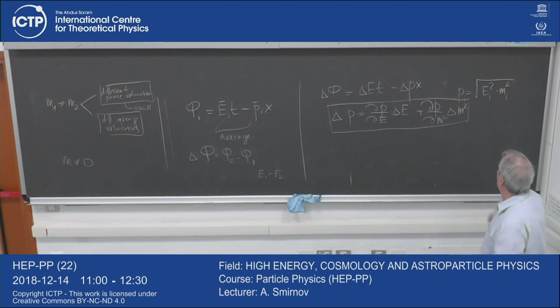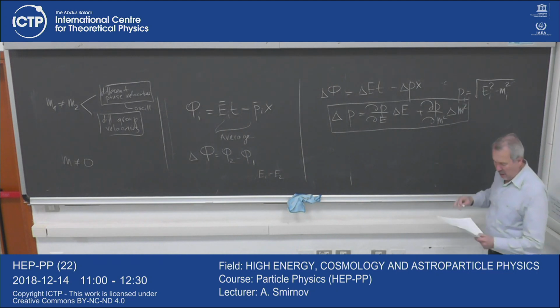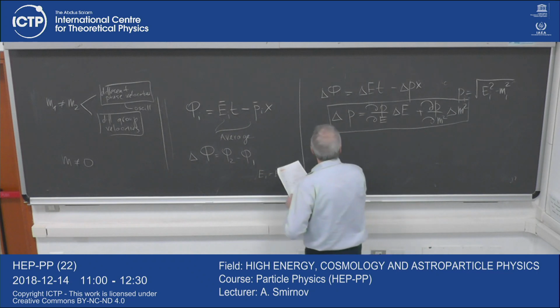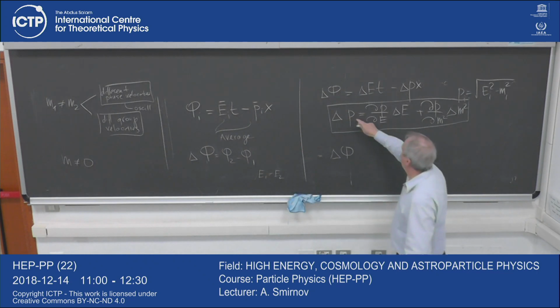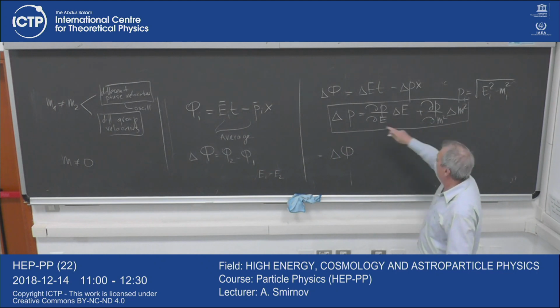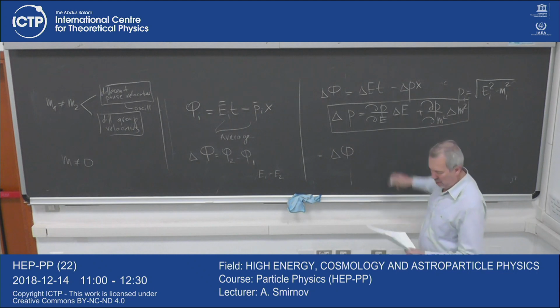So using this expression for P, you can do this explicitly, and let me find the final answer for delta phi. I compute delta P according to this expression and insert it in the formula above.